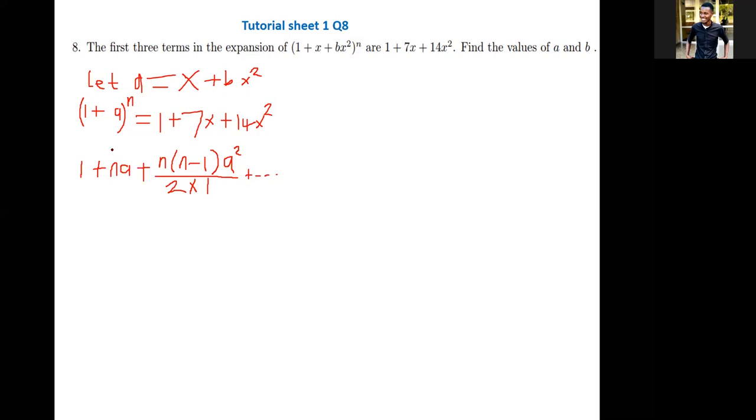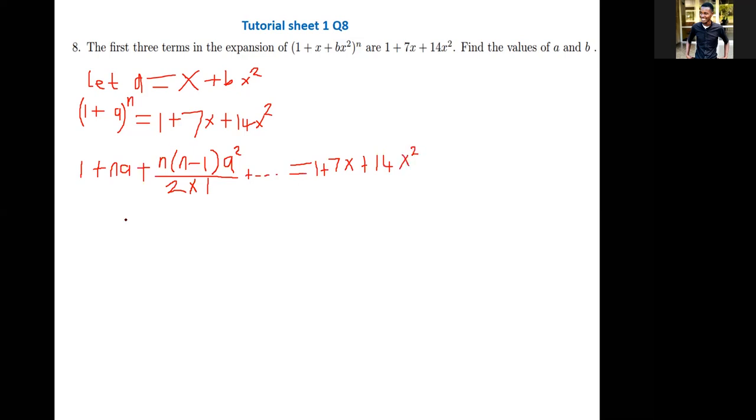The reason why I've ended on the third term here is because I've only been given 3 terms this side. Then I'll equate everything to the right hand side, which is 1 plus 7x, and then plus 14x squared.